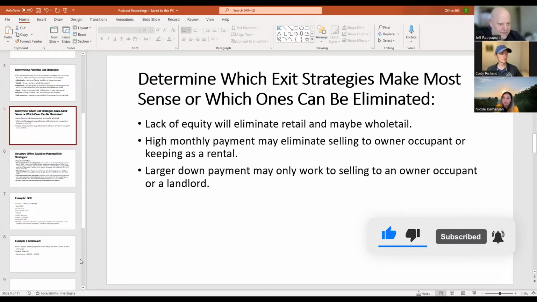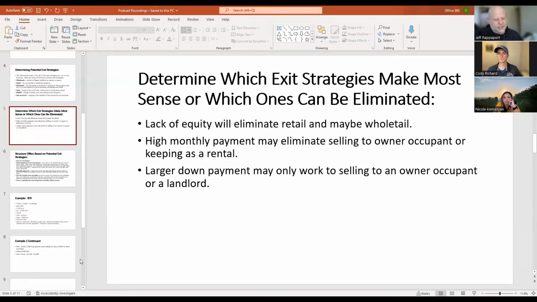Like you've got a free and clear property and they're willing to discount, and maybe there's a good amount of equity. I could rehab it, I could sell it, I could wholesale it, I could wholetail it, I could BRRRR it, I could do any number of different things. And then sometimes there will be one, and that's it. So understanding that kind of helps direct you in terms of what kinds of offers you want to make.